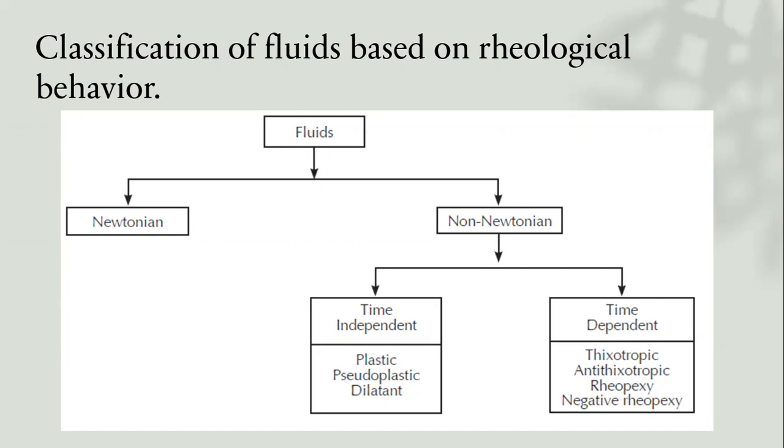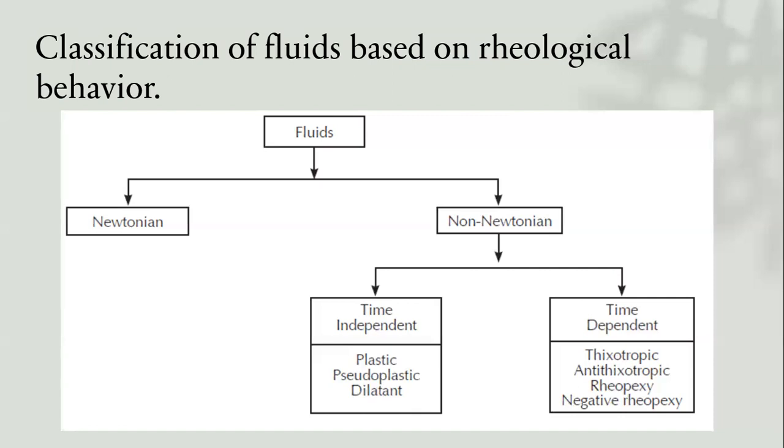Basically, what Newtonian and non-Newtonian fluids are. If I give you examples, maybe you will have some idea. Examples of Newtonian fluids are water, milk, even syrups like honey. For non-Newtonian, the most famous example is cornstarch. A water and cornstarch mixture is a non-Newtonian fluid.